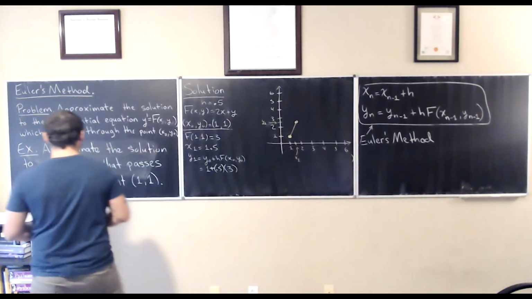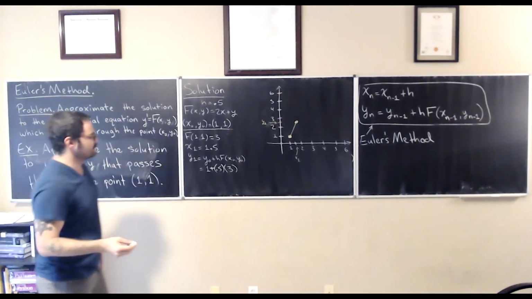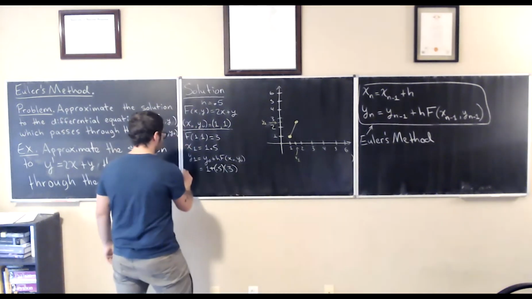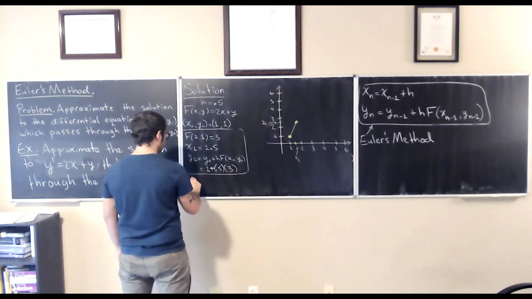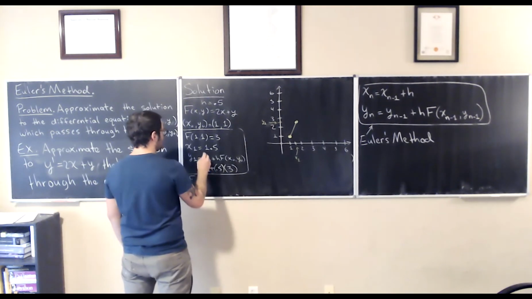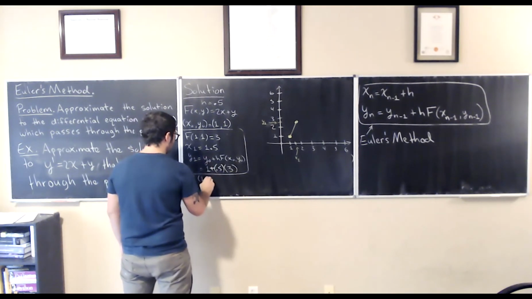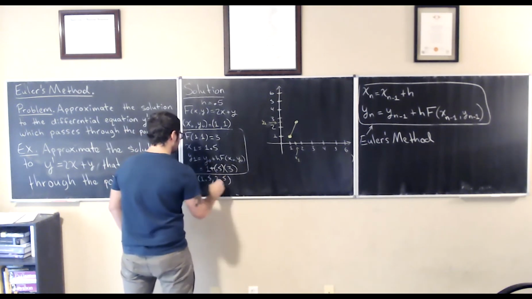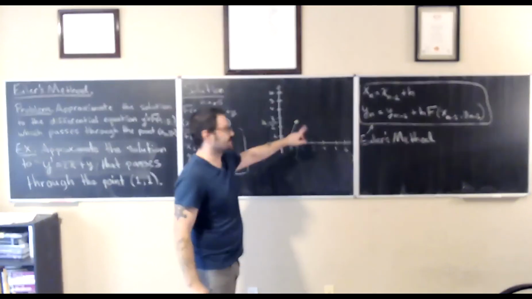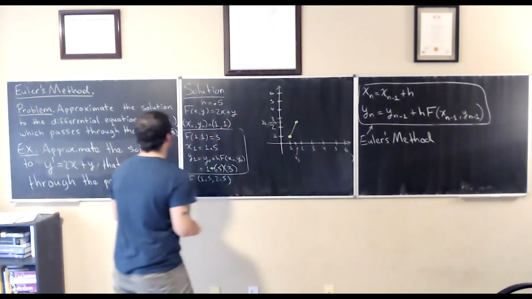Okay. Let's just iterate this maybe one or two more times. f of 1.5 comma 2.5 is going to give us the slope of the tangent line at that point of the exact solution.